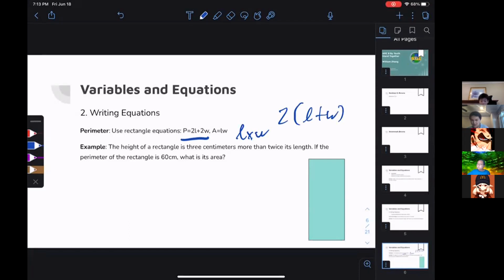Does anybody want to start off this one with defining variables, writing equations? You can just raise your hand or unmute if you want.